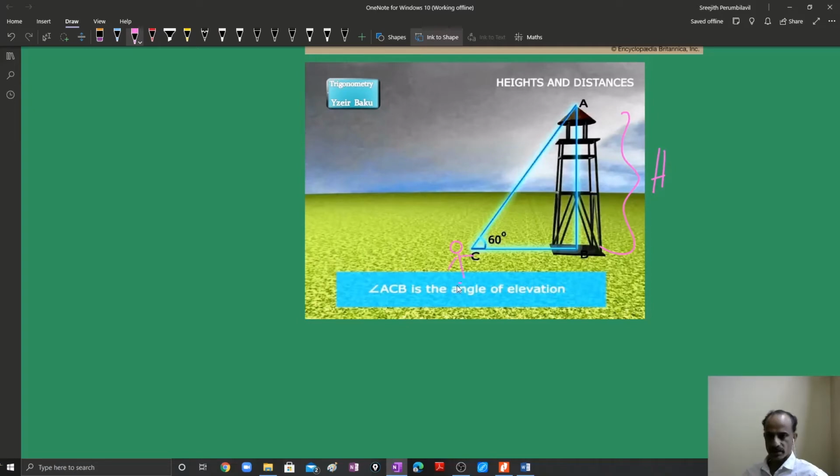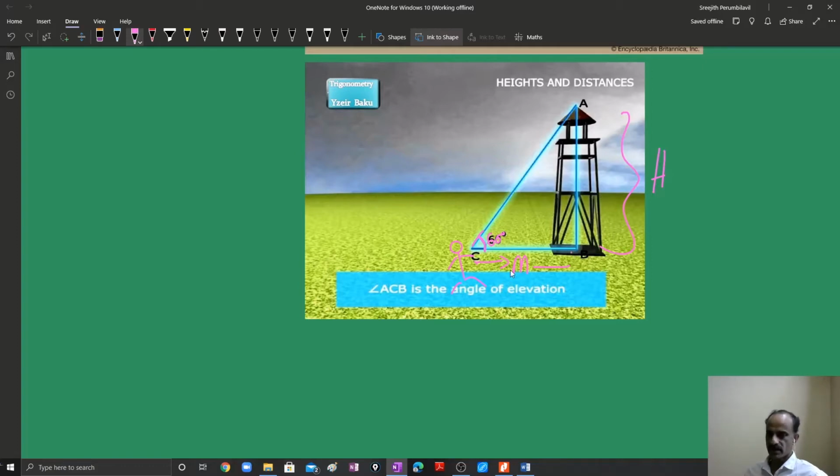This is your position, and you have a clinometer. A clinometer is an apparatus to look at a particular angle, and you calculate this angle to be 60. Suppose we need to know the height of this. What you just need to do is measure this distance. That's easy, right? You need to measure the distance from where you are standing to the foot of the building.